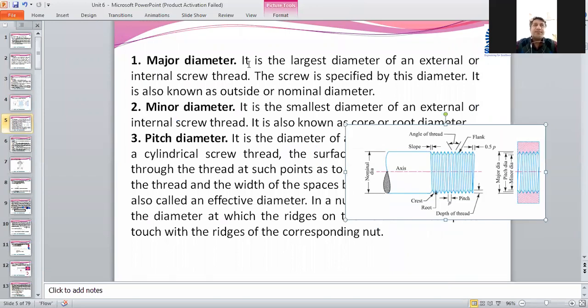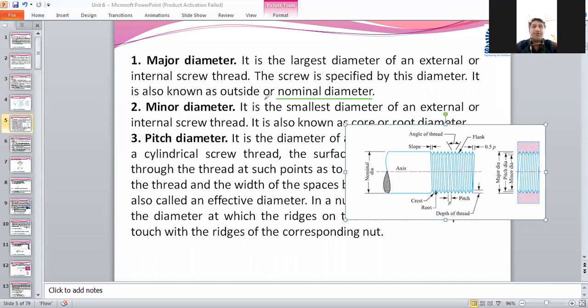First is major diameter. It is the largest diameter on the external or internal screw thread. The screw is specified by this diameter. It is known as the outside or normal diameter, in case of bolt or in case of nut. But the normal diameter, as I have explained, might be different from the major diameter.